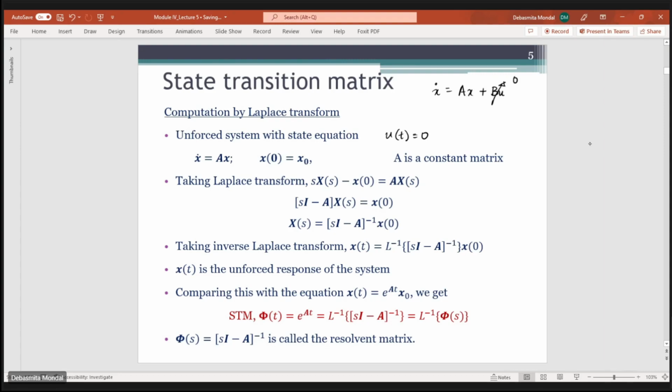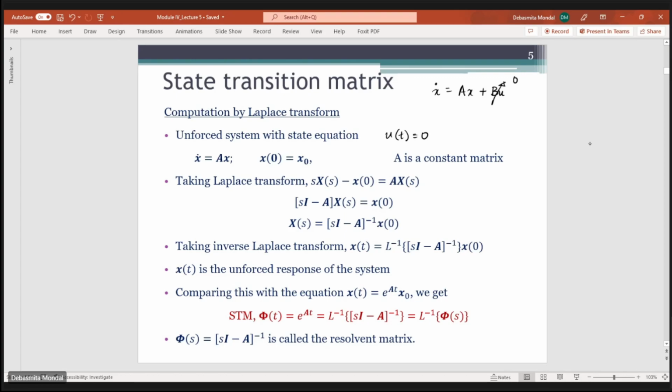Okay, so if you take the Laplace transform of this equation, you will have sX(s) minus x0 equal to A X(s), right? You can rearrange this equation, take the AX(s) to the left-hand side and x0 to the right-hand side, and it will become (sI minus A) multiplied by X(s) equal to x0, right?